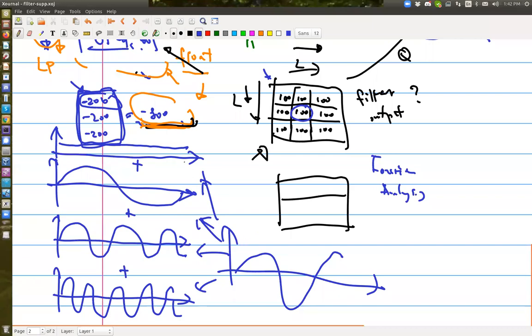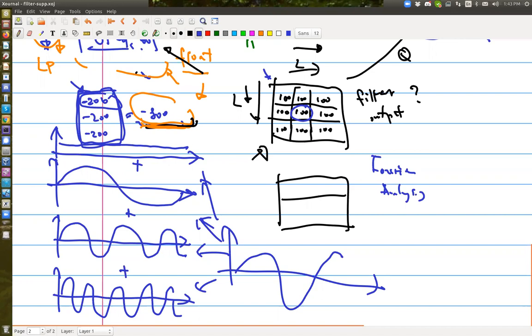Basically, the Fourier transform gives you the way to combine all these frequency components. But let's not get into the Fourier transform here. We'll talk about it maybe next time.